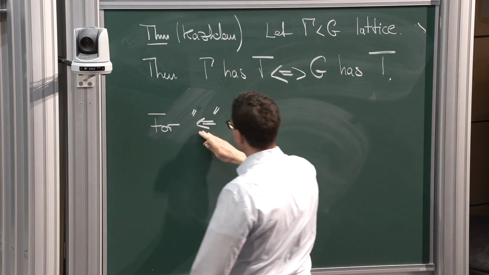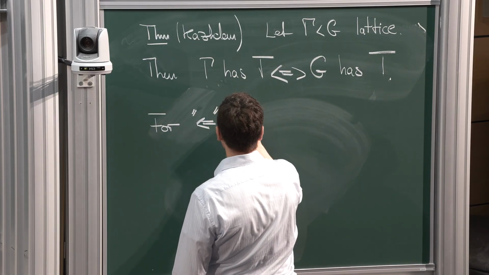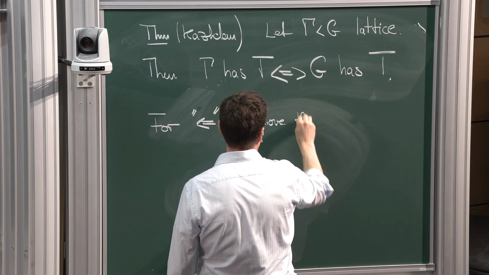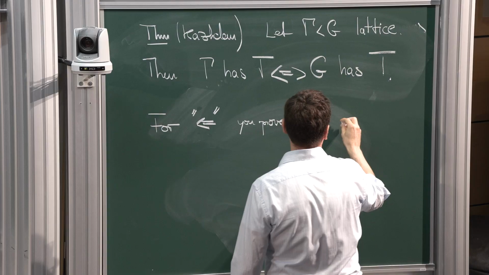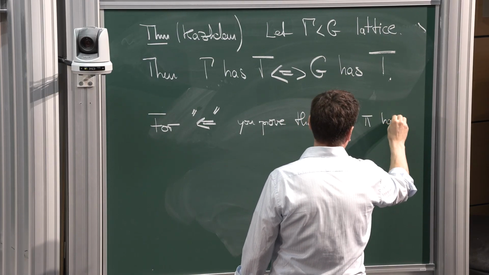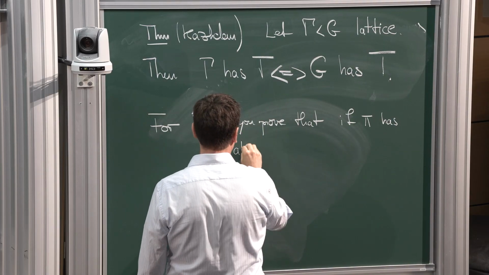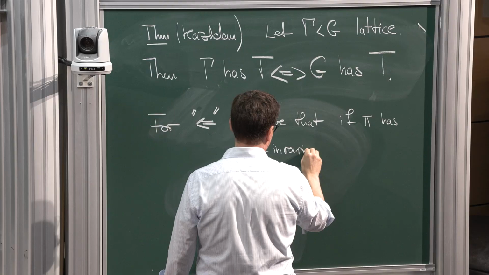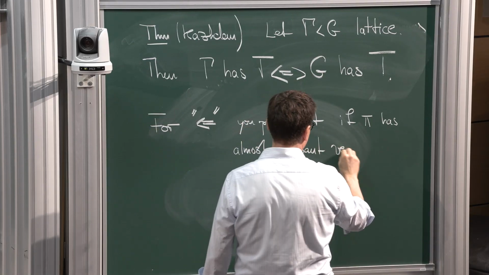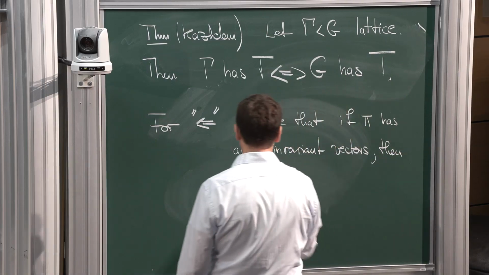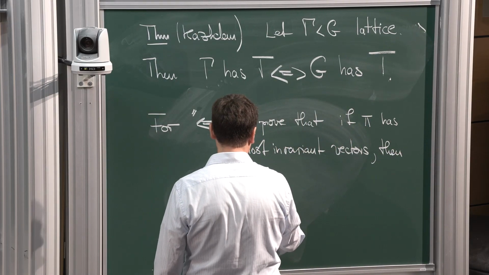And so what you prove in this direction is that if pi has almost invariant vectors, then the induction also has almost invariant vectors.